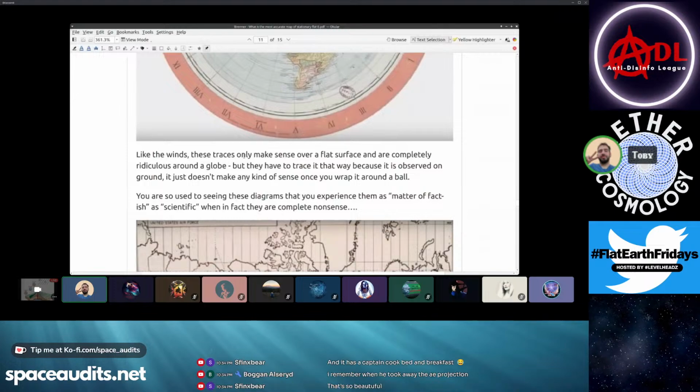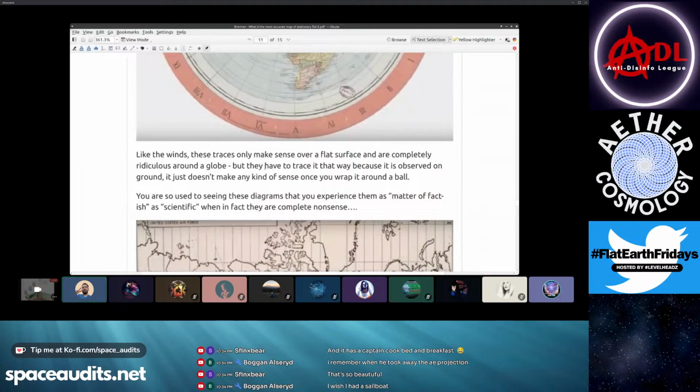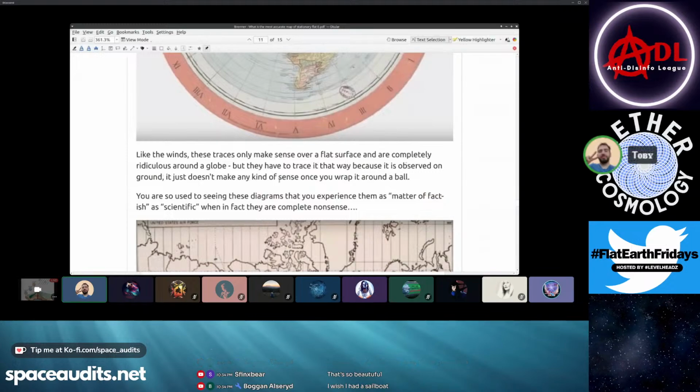Like the winds, these traces only make sense over a flat surface and are completely ridiculous around a globe. But they have to trace it that way because it is observed on the ground. It just doesn't make any kind of sense once you wrap it around a ball.